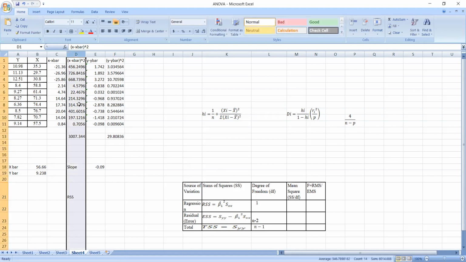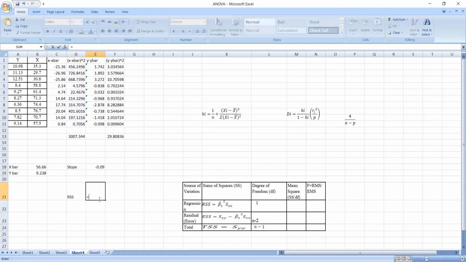This column gives you the x minus x bar squared values, and the summation is this. So we take beta 1 times beta 1 times SXX, and we can see the regression sum of squares is equal to 24.35.